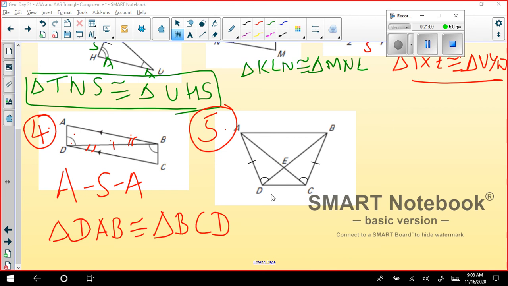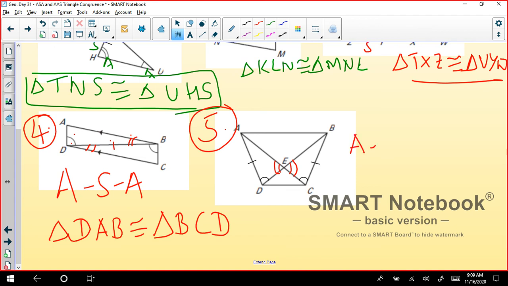Okay, well, let's check the answer for the fifth one. You don't have to pick the triangles which you cannot make congruent, but I can say these are vertical angles, right? So they will be congruent. The vertical angles are going to be congruent. Now if I observe triangle BEC and triangle AED, I'll be able to say they are congruent by AAS, because I have an angle, angle and a side.